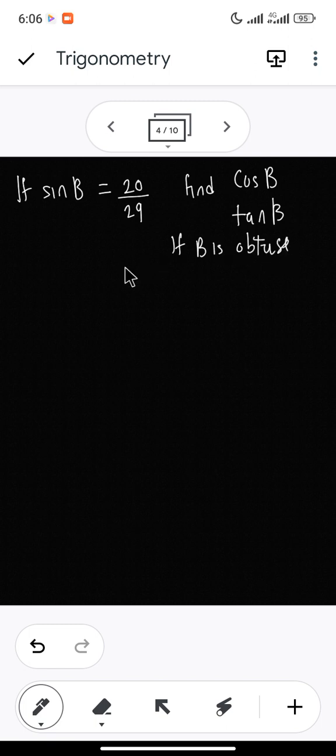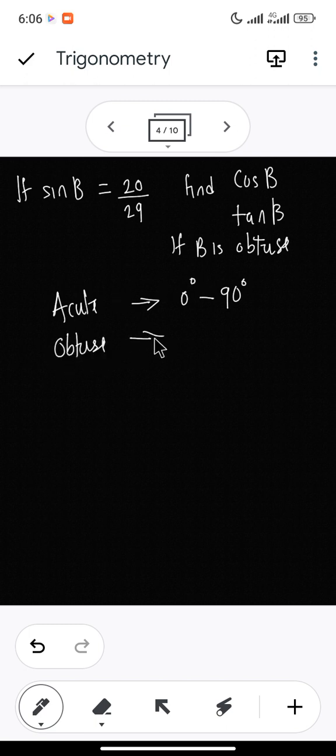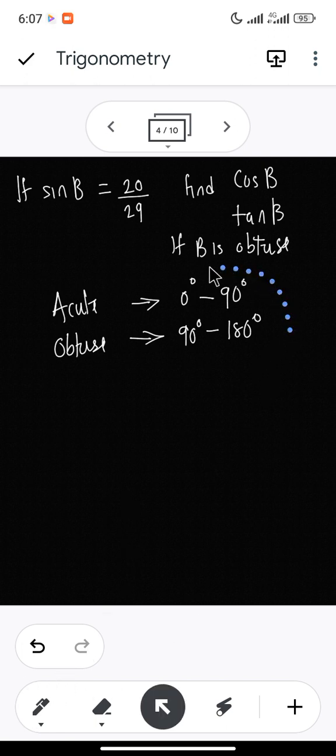So remember, for acute angles, the angles lie between 0 to 90 degrees, and we said obtuse angles lie between 90 degrees to 180 degrees. So this is basically what acute and obtuse mean. So in case they're not put this way, you know what to do.